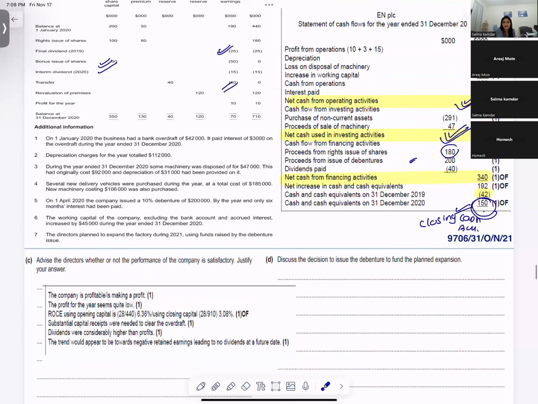Now, if you're issuing debentures, what is the advantage and disadvantage of issuing debentures? That is what they are asking you. Can you tell me, miss? The company becomes dependent on external borrowing.